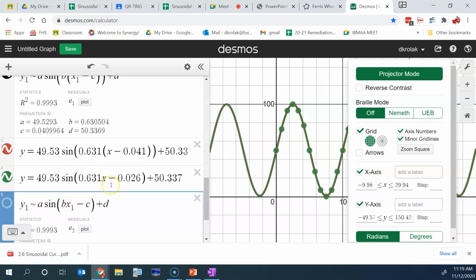All right, now here's the part that you got to understand. When it's written like the first one, this number is the phase shift, 0.041 to the right. That's the actual phase shift. When it's written in the second form, the 0.026 is not the phase shift.